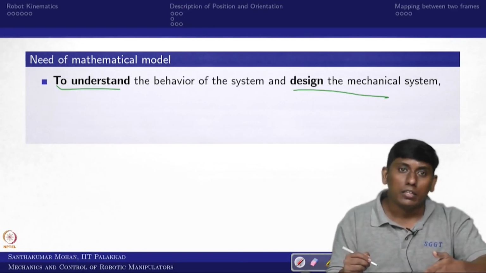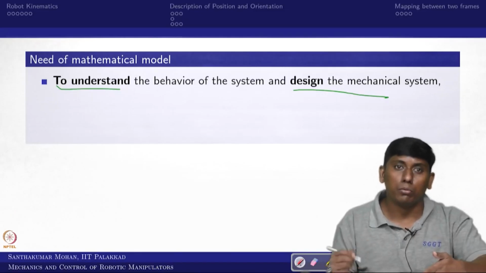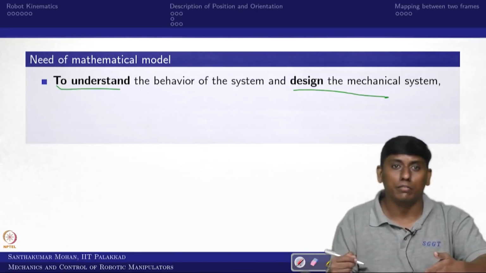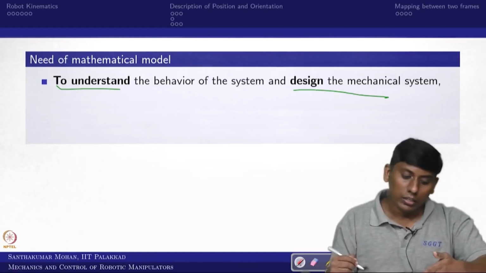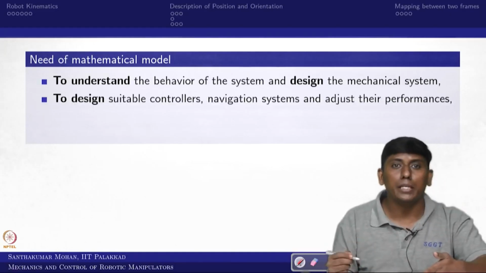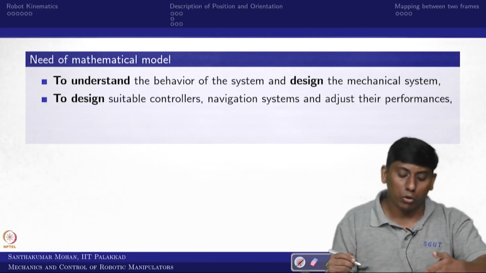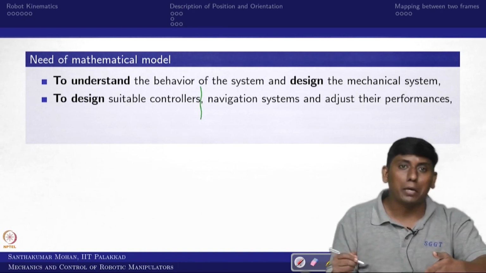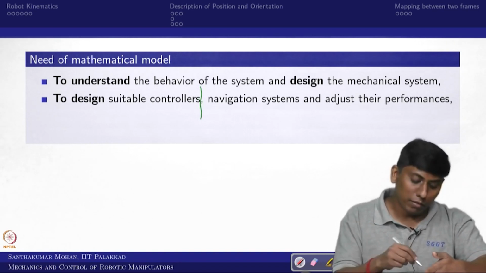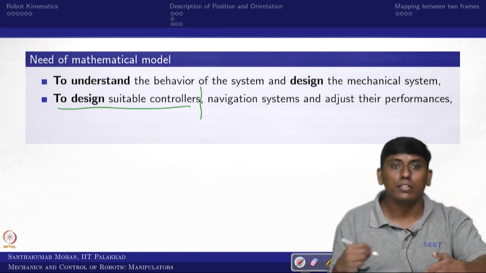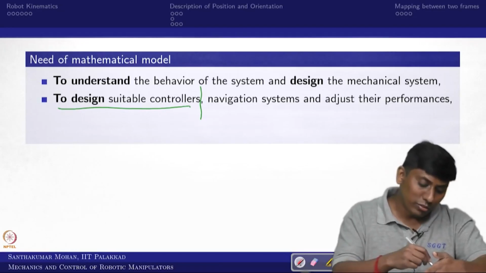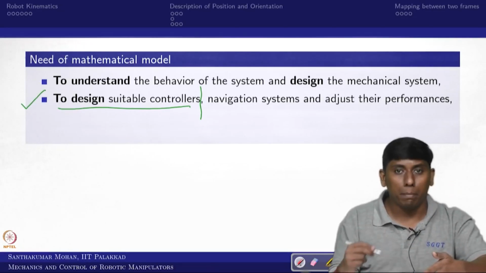And you all know that the robotic system is no longer only a mechanical device, it is served by the controller. So the controller design also can be done based on the mathematical model, especially for a manipulator. Most manipulator control is model based control, in the sense that if you have a mathematical model, you can design the controller more appropriately.